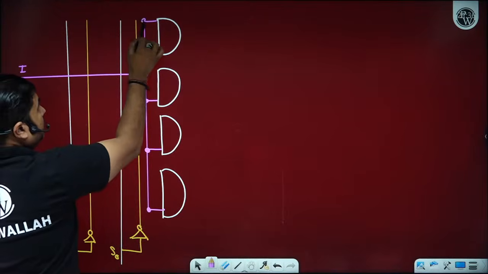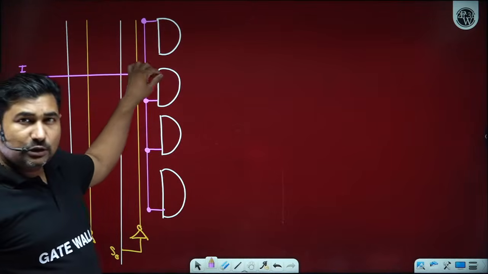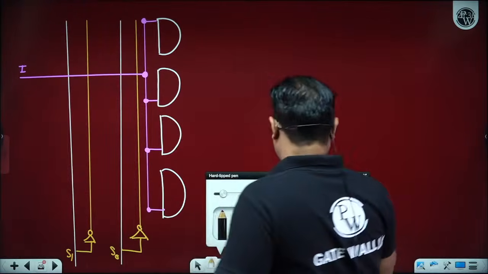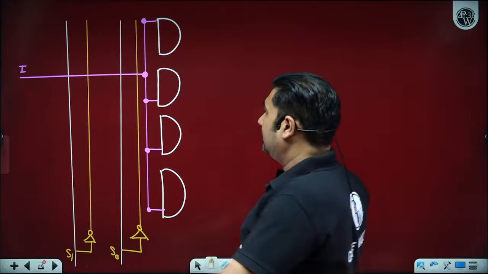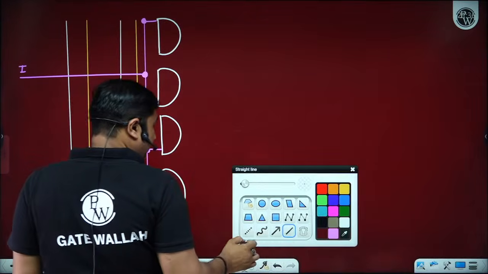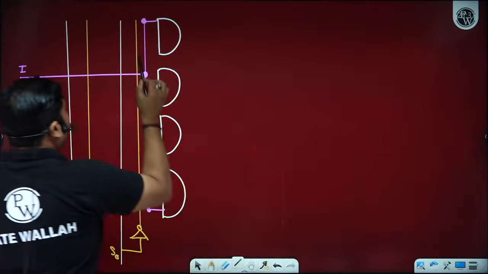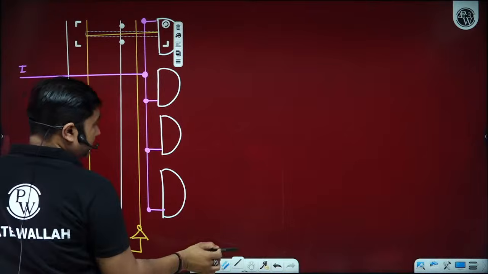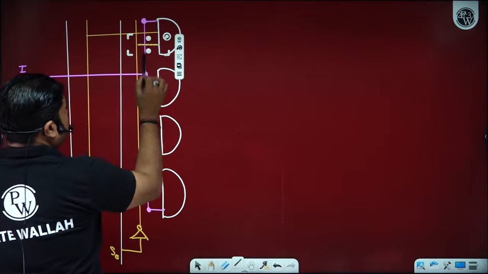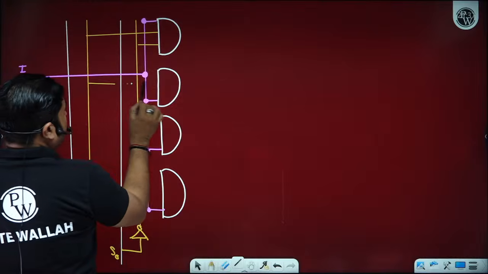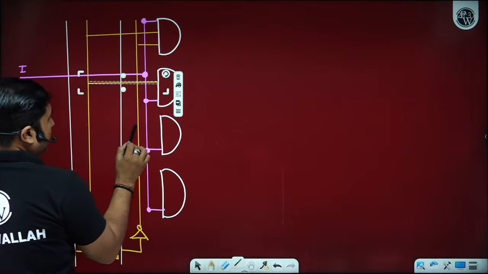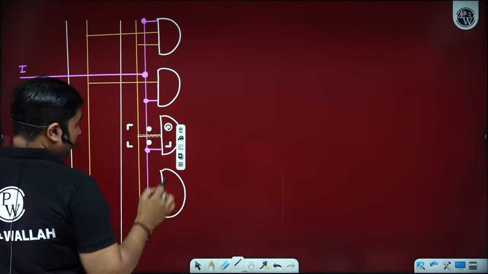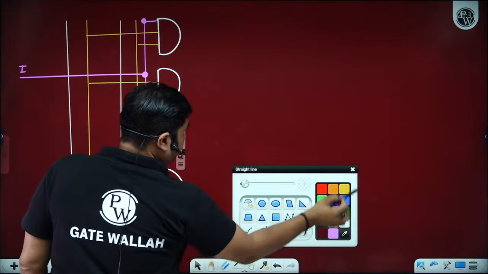How many of you are able to understand? Only the dotted portion represents an electrical connection. Okay, the rest are like this. Now if you talk about Y0, then we have S0 complement, S1 complement, and similarly S0 complement, S1; S0, S1 complement; and S0, S1.